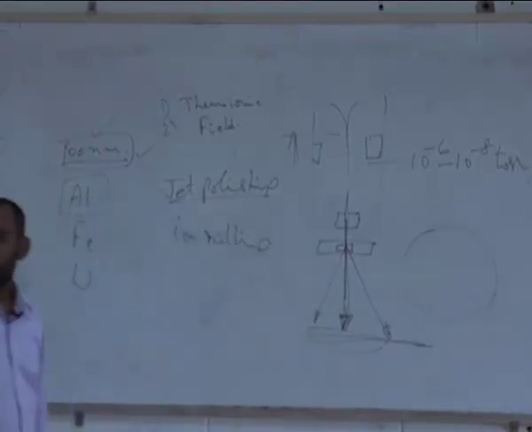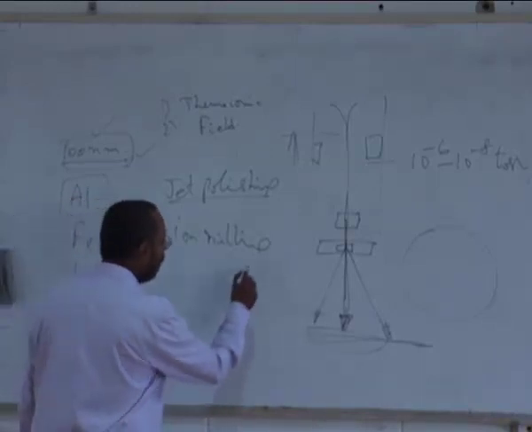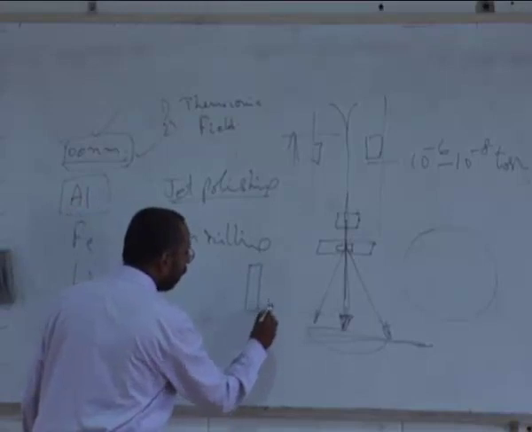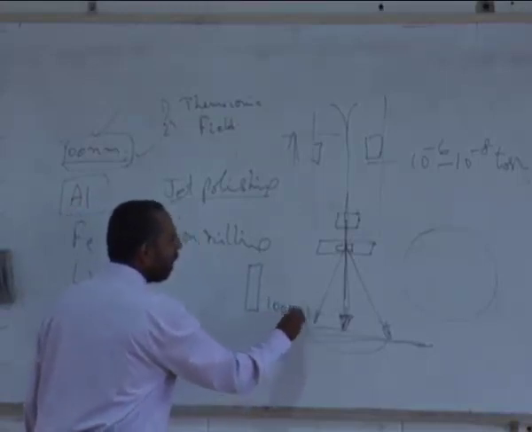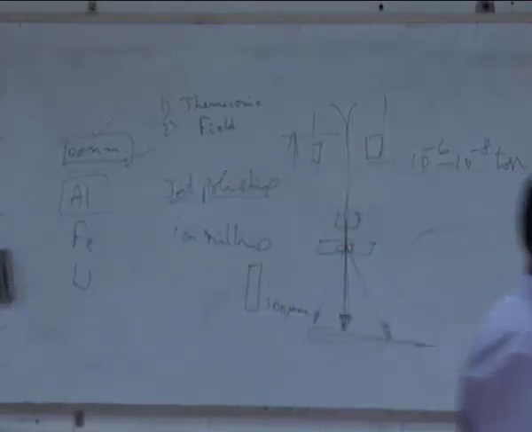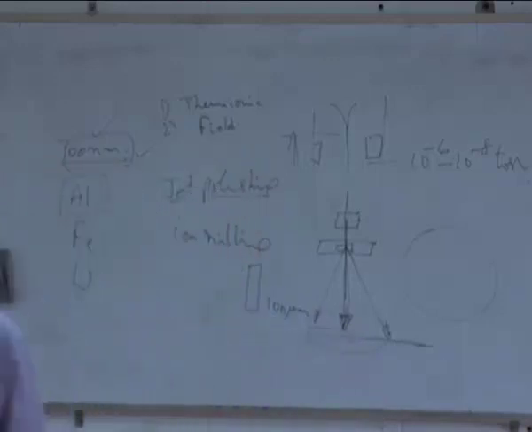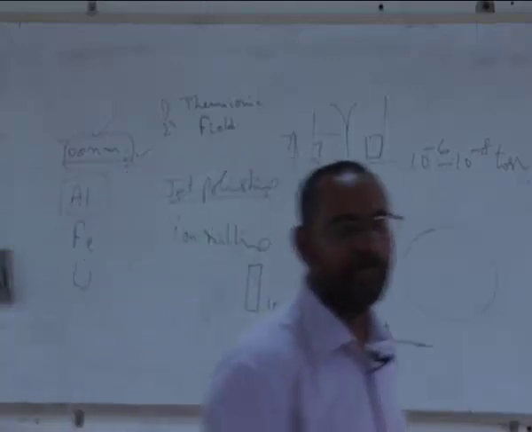Again here also, first thing that we do is we make a sample which is thin, of the order of 100 microns. You may say, how do I make such a thin thing in a ceramic material? Ceramic materials are very brittle, so slicing a ceramic material is not easy.